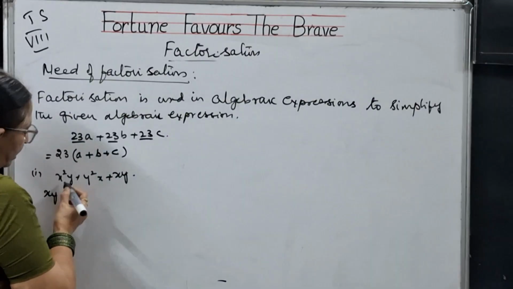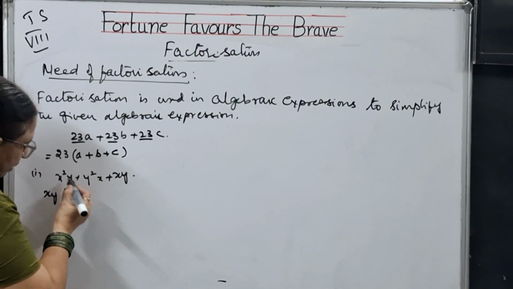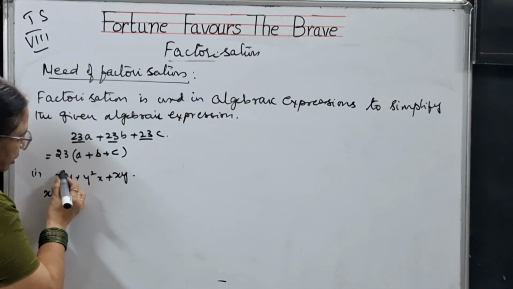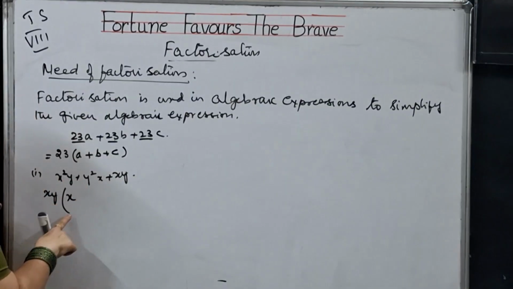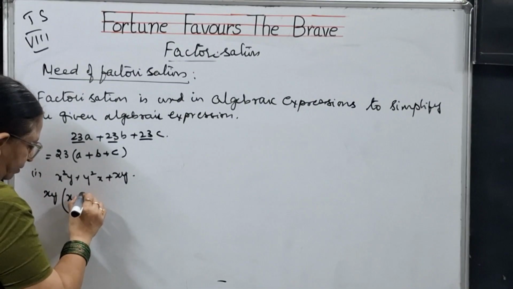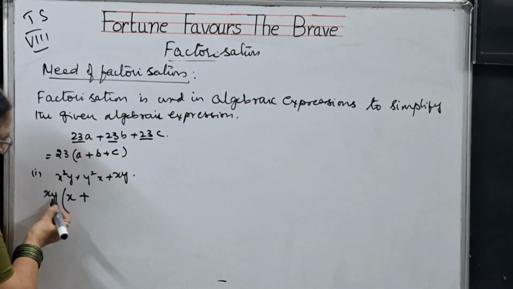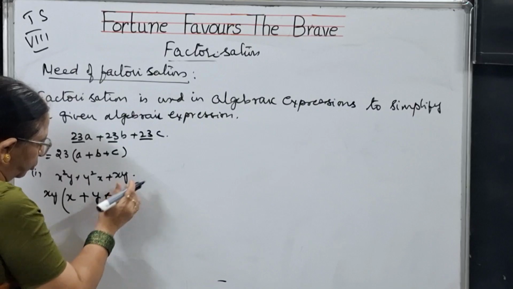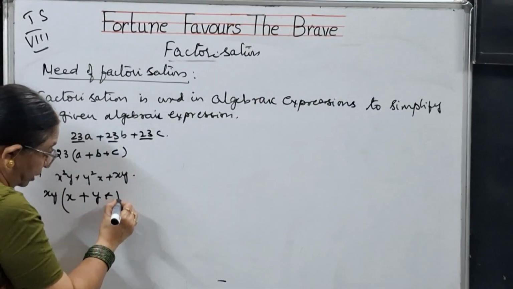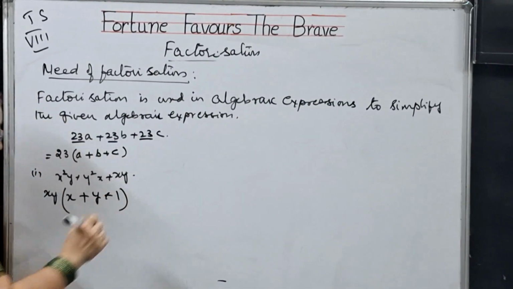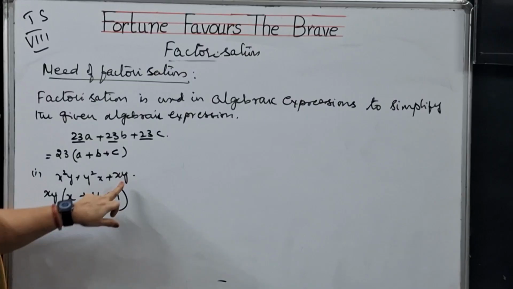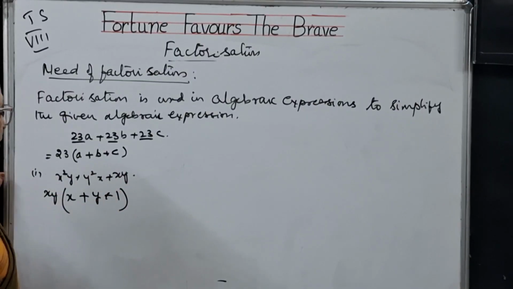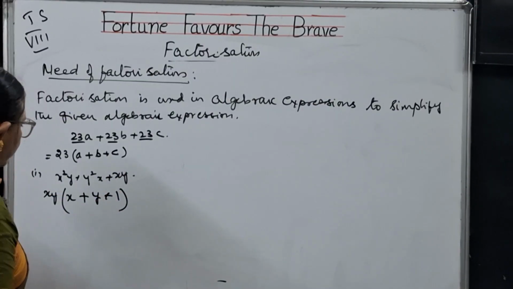When you take x and y out, you get one more x because this is x square, so only x remains, plus only one y will be there, plus both xy's are out, so we need to write 1. Don't forget, children. If you don't write this one, this xy will be missed when you open the bracket. This is the first bit.